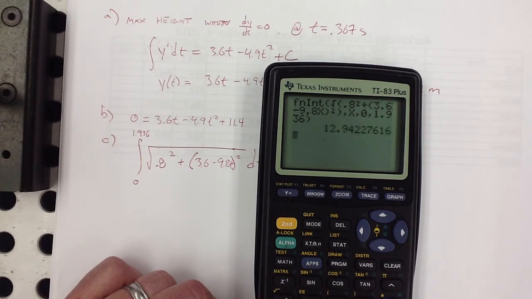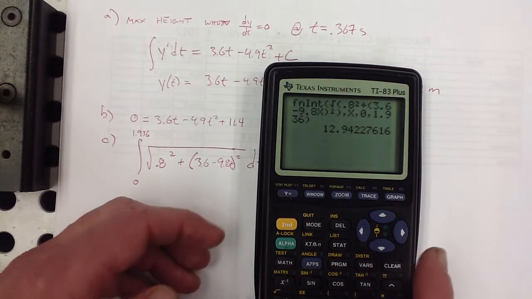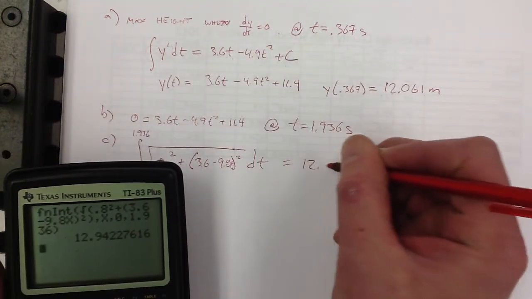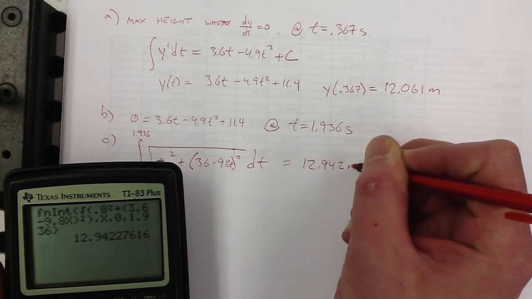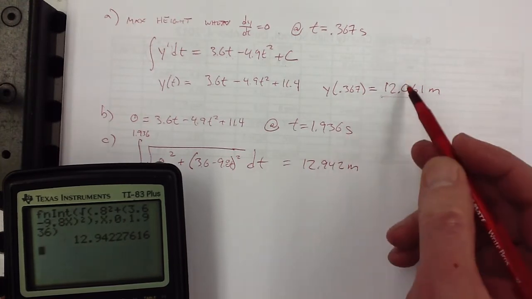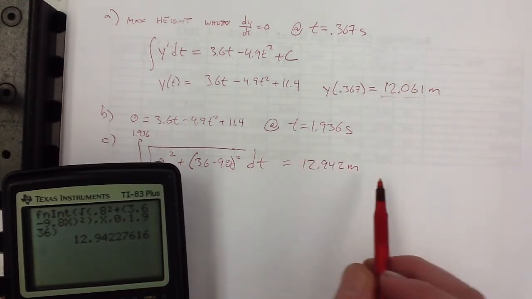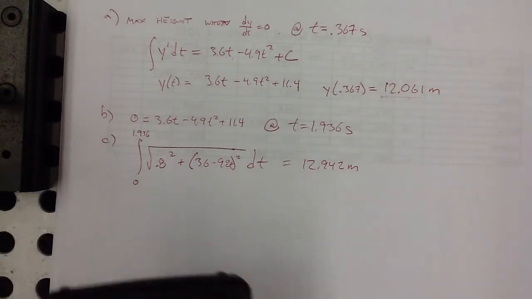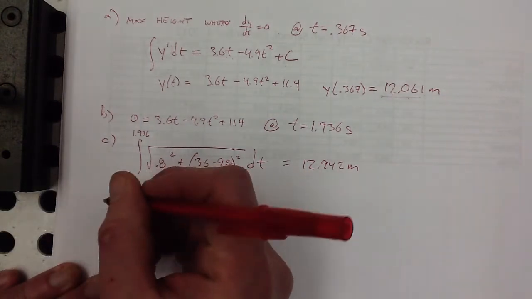That should give me the total distance traveled. 12.942 meters. And that makes sense, since this is the highest point, so she went up to that point, down, and she moved forward a little bit, so it makes sense that it's a little bit bigger than that number there.